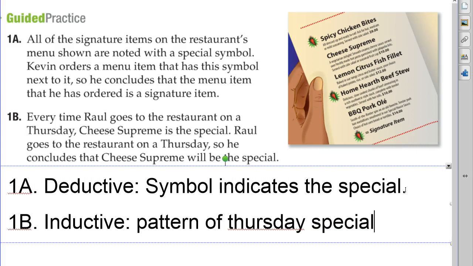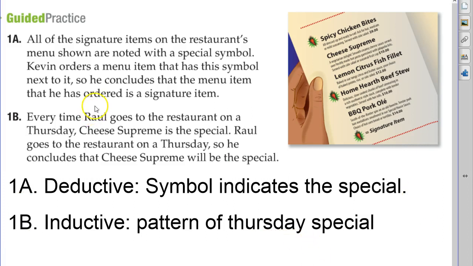Restaurants change their specials all the time. Sometimes they keep it consistent for a while, but they can always change their menu. So because he's expecting, well, Thursday always says Cheese Supreme, whatever that is, maybe pizza, as the special. That must always be the special. Well, not always. Maybe the next Thursday they decide to use something different.